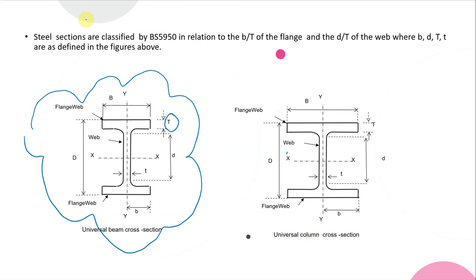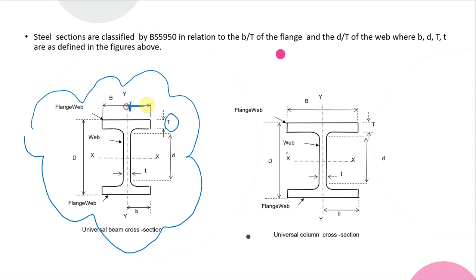So here tadi I dah tunjuk. Okay, steel section are classified in BS 5950 in relation to B over T. So if you notice, where is B, where is T? So this is B. You divide with this big T. Mana big T? Okay, T yang ni. Okay, senang cerita sama jugalah.